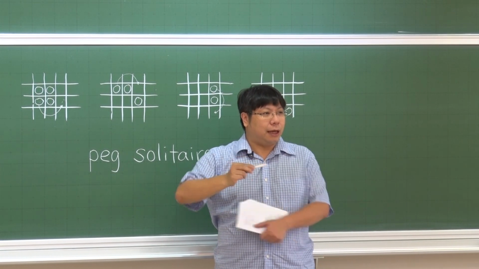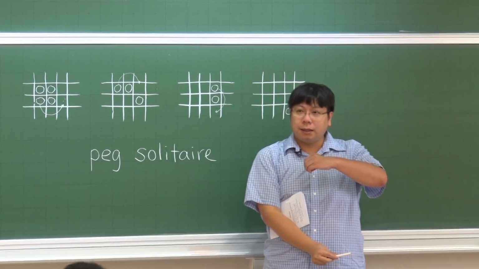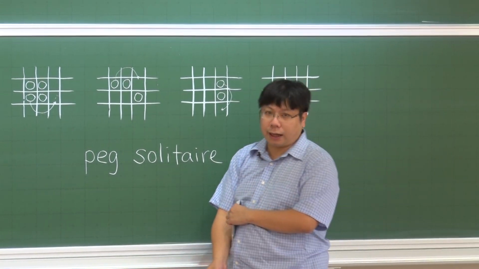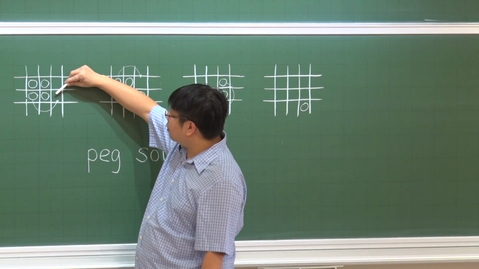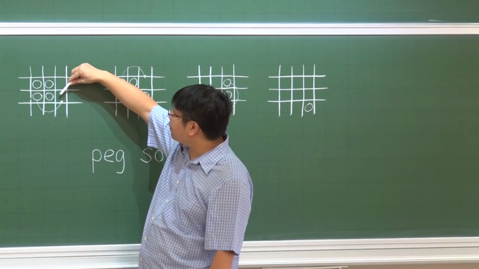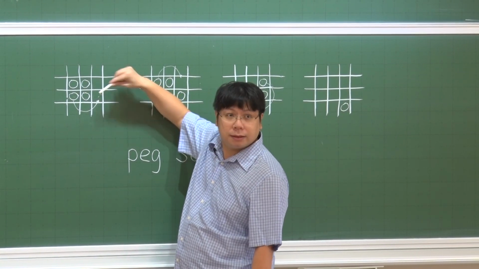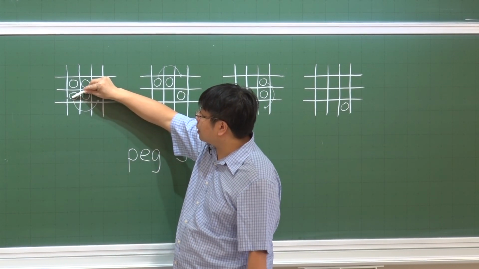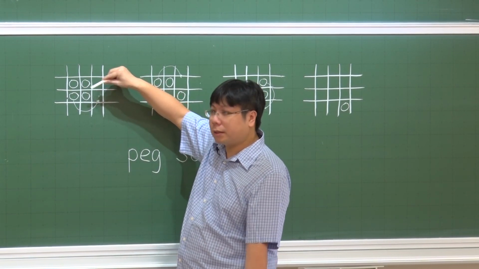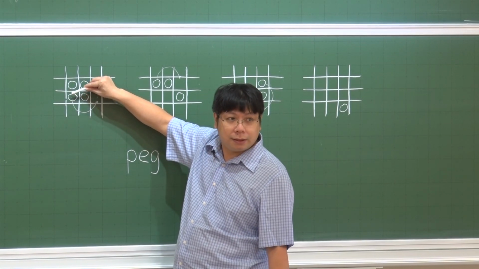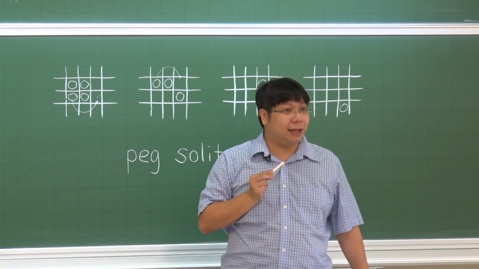Every time it must be jumping 1 piece. There is another rule: if this location is occupied, then we cannot jump over it, because I need to find an empty space to accommodate this piece. Is that very clear?